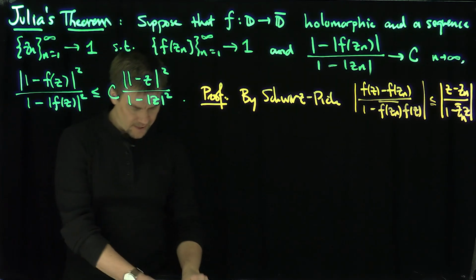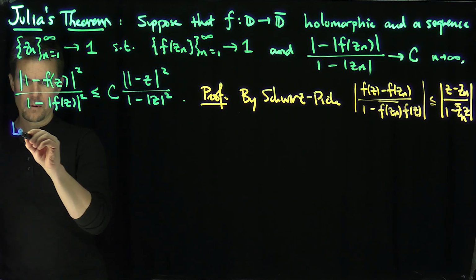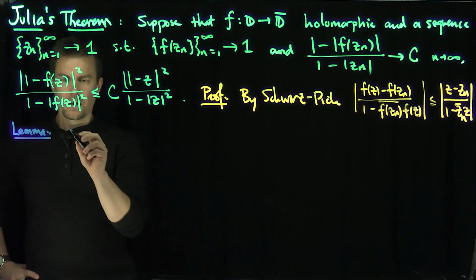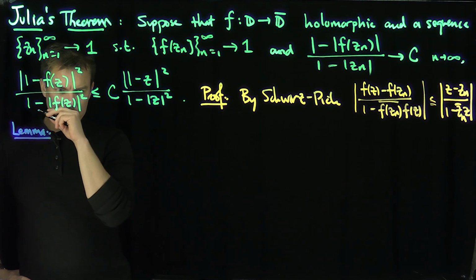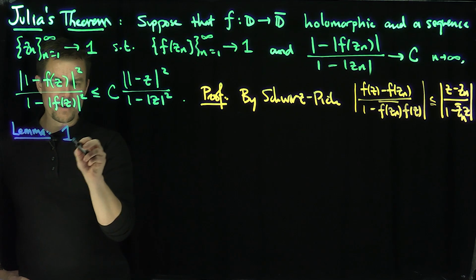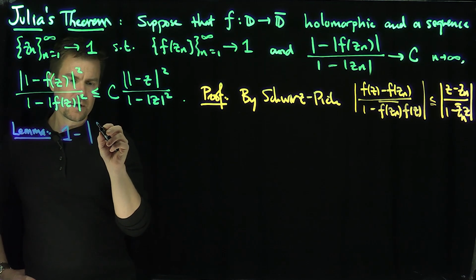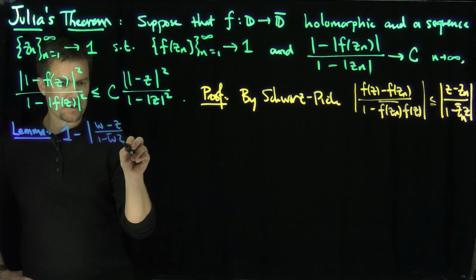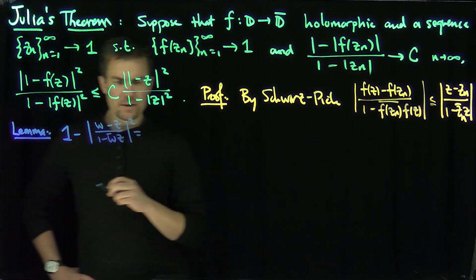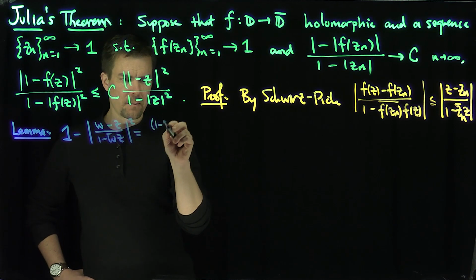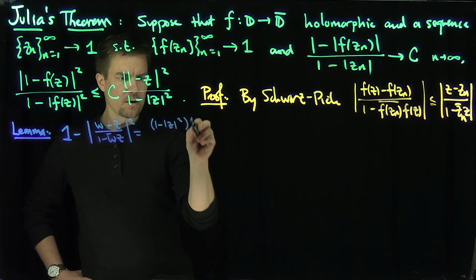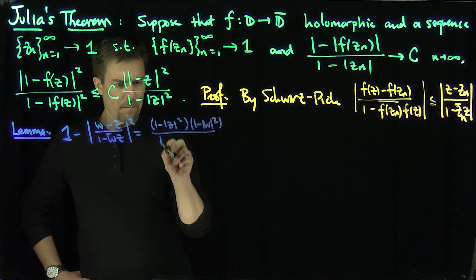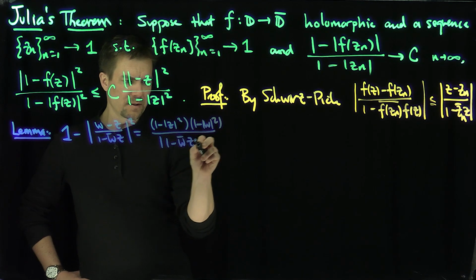Now, here's a little technical lemma that's easy to prove. We proved it in our Blaschke video. It says, about 1 minus the modulus of a Blaschke product: if I give you a Blaschke product, w minus z over 1 minus w bar z, squared, what that turns into is 1 minus modulus z squared, 1 minus modulus w squared, over modulus of 1 minus w bar z squared.